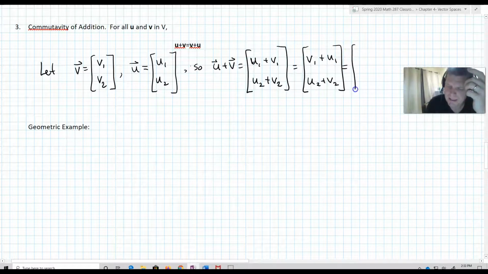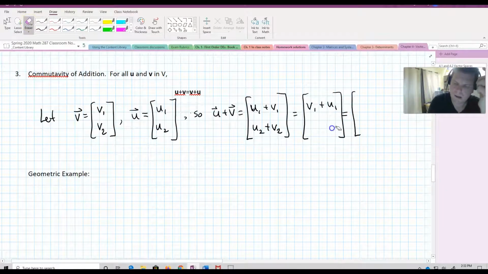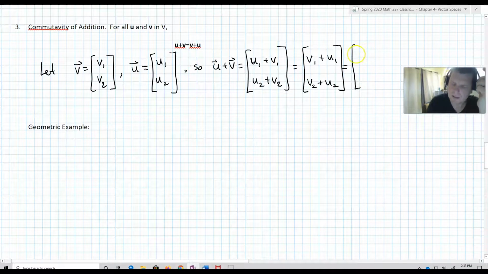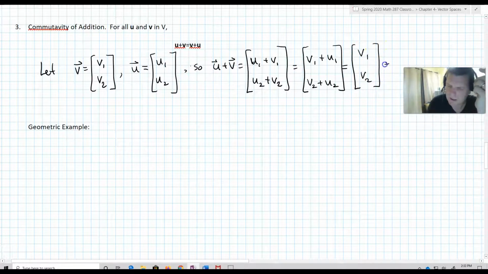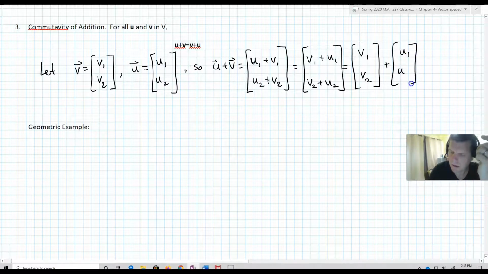And so this gives me then v1, v2 plus u1, u2, which is v plus u. And so we notice that we actually are commutative.